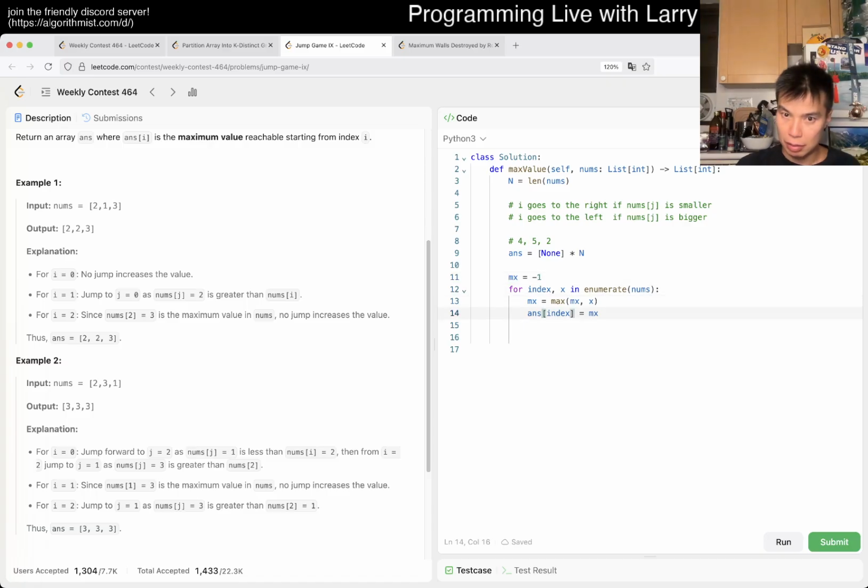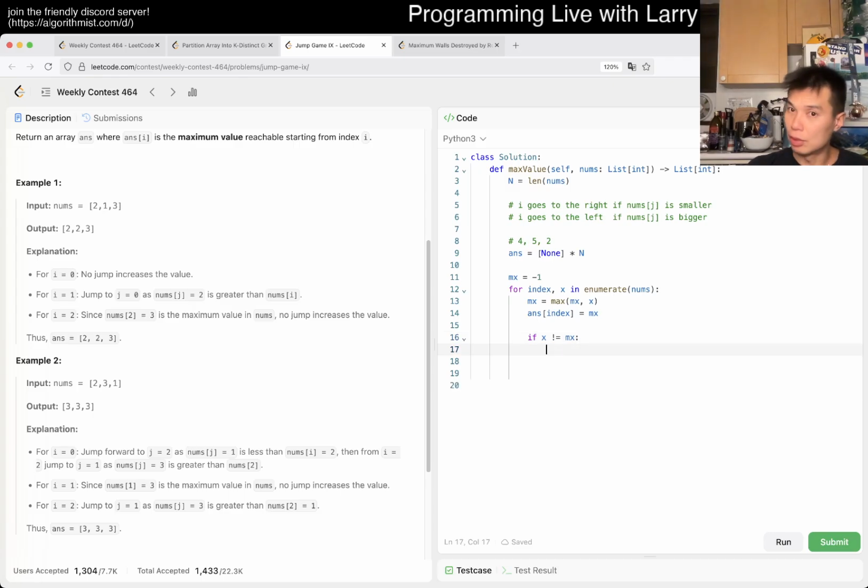Then now, yeah, let's say if x is not equal to mx, then that means that it went to the, it is an answer from the left.